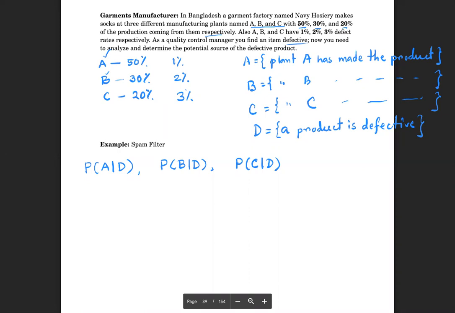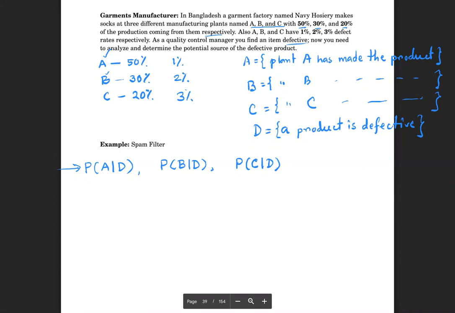Among these three probabilities, whichever is the highest, that's probably the likely plant that has made the product. So this is a mathematical, or rather probabilistic, way of determining who may have produced the defective product. Among these three probabilities, the one with the highest percentage is probably the likely plant.